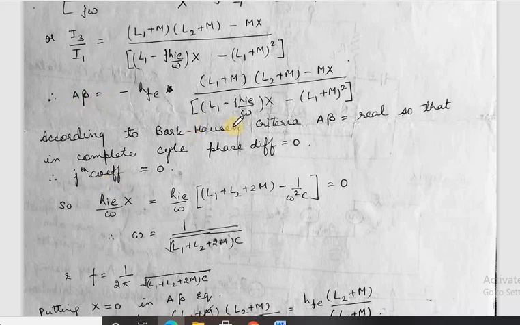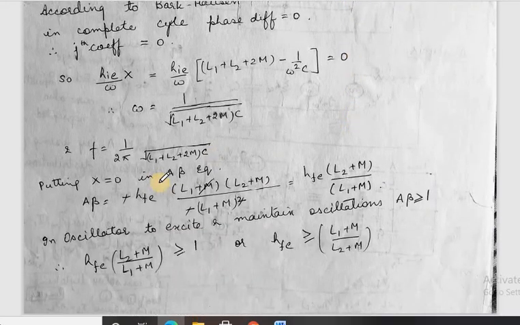So in A beta we'll be putting this 0, because in the whole term HIE and omega are not 0, X is 0. So we'll put X equal to 0 and simplify the A beta term again. When we put X equal to 0 and simplify it, we get HFE L2 plus M upon L1 plus M.